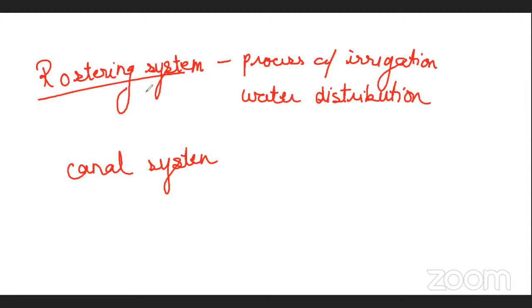Have you understood? I'm repeating once again. It is usually for the canal system, where the demand is only on a part of the system, means out of the whole system, only one part is demanding the water, and water is conveyed to that part only.